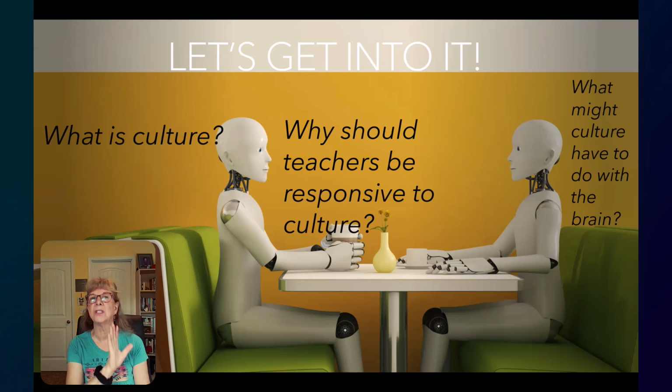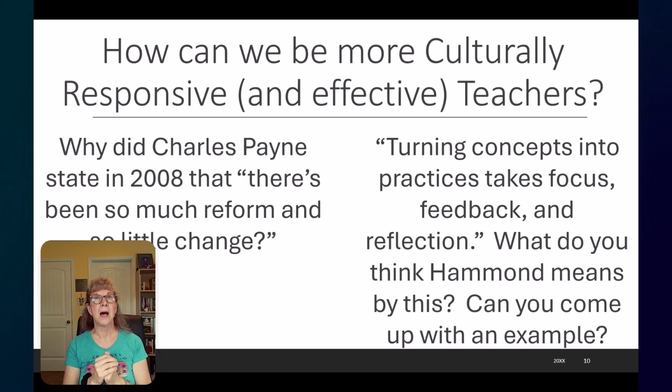Hammond does this just brilliantly. So you're going to learn so much. You're going to learn a lot about your own biases, reflect on those. So what I want you to do, Charles Payne states in this introduction that you're reading for this week, that there's been so much reform in education, and yet there's so many places where things have not changed.